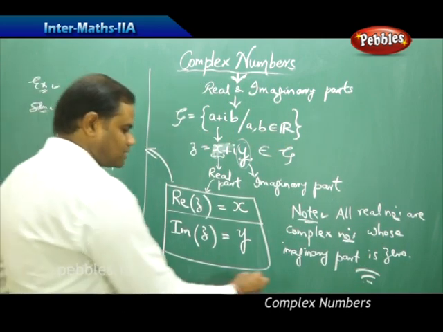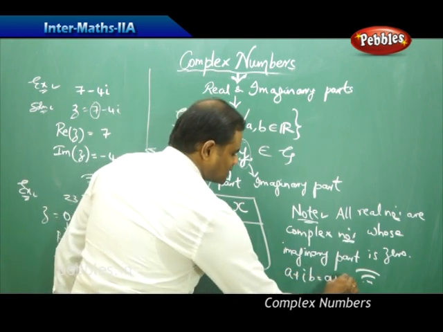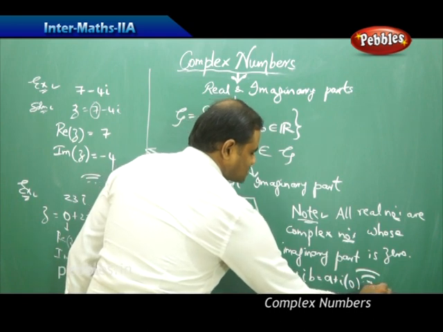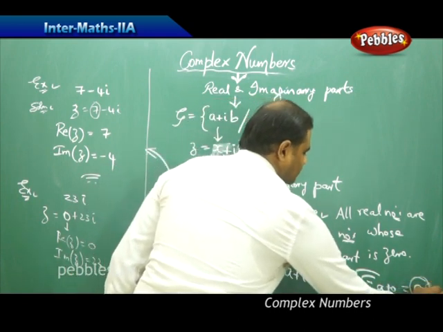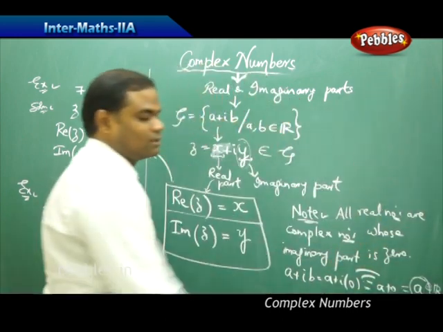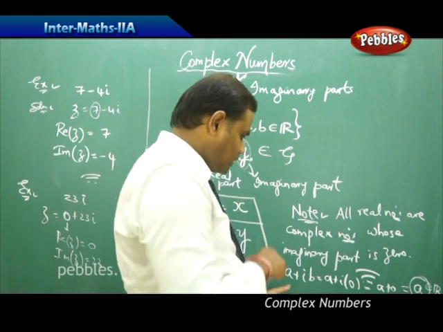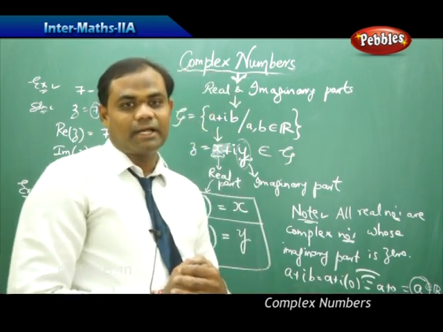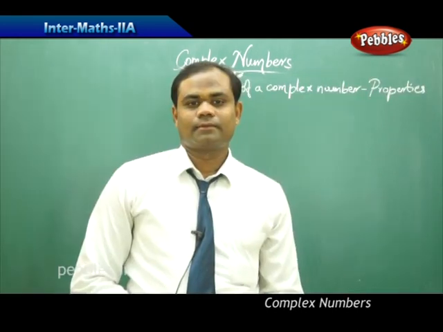Because if I write in the form a plus ib, which is a plus i times 0, then this is clearly a plus 0, that is a. It's strictly a real number, is how I understand the real number concept. With a plus ib equal to a plus i times 0, that is a, which is a real number.